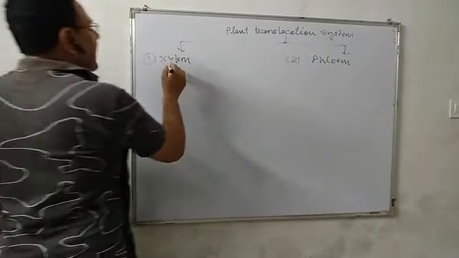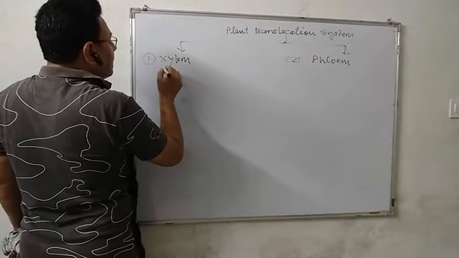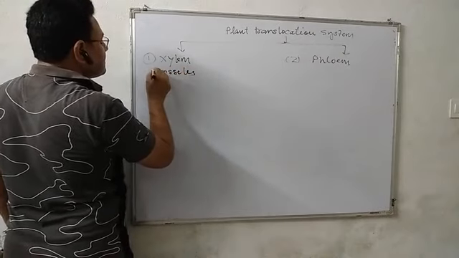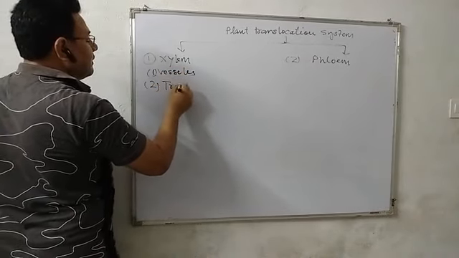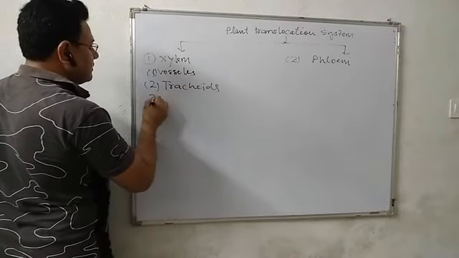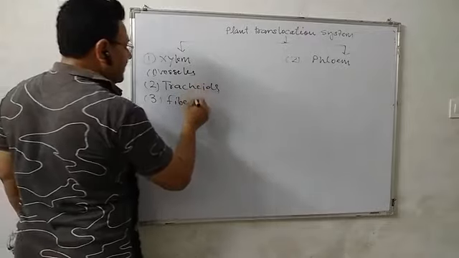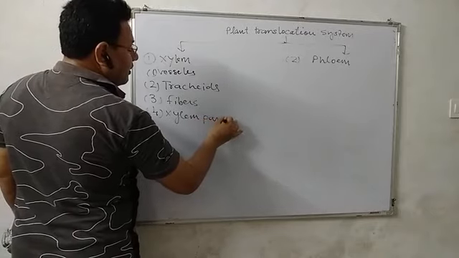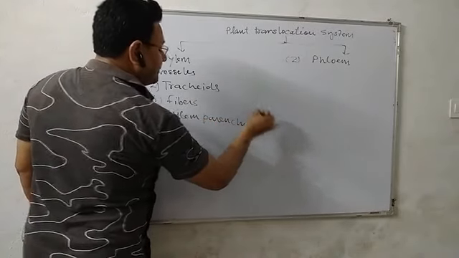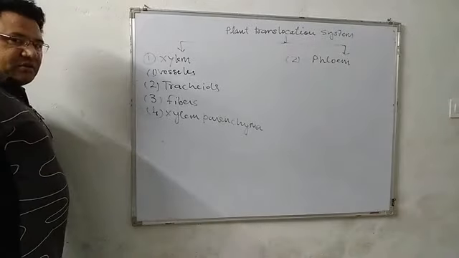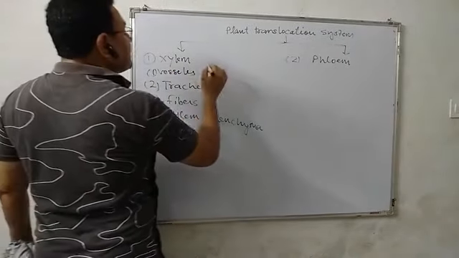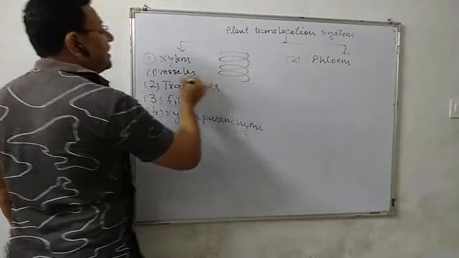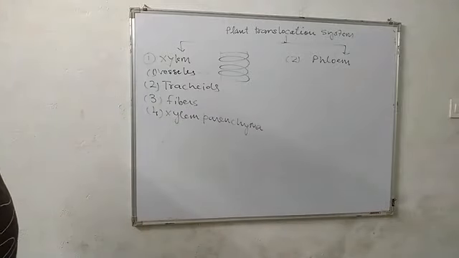My dear, this xylem consists of components like vessels, tracheids, fibers, xylem fibers, and then xylem parenchyma. So we will discuss these. Xylem vessels have spiral type of thickenings.